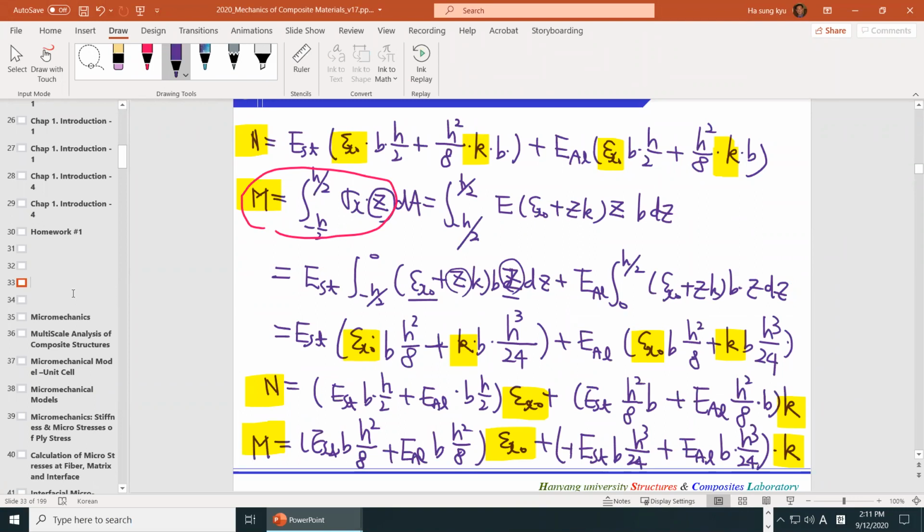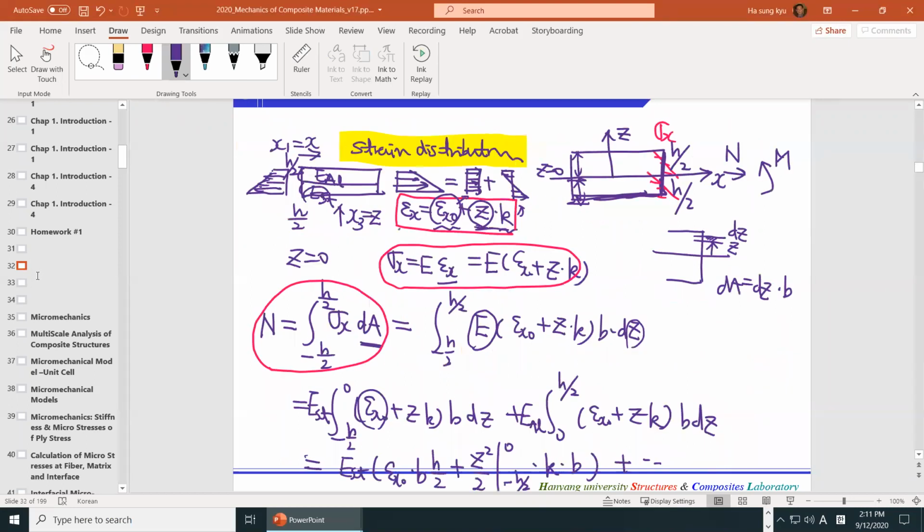Where is the mistake? Here, when we derived, okay, in the previous slide, when we derived here, and then there is the 0 minus this. So 0 minus and square. So this has to be a minus, right?